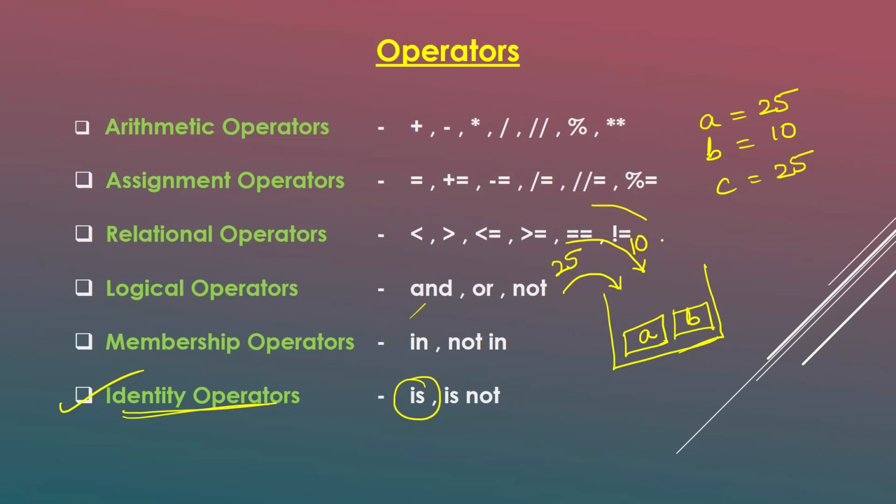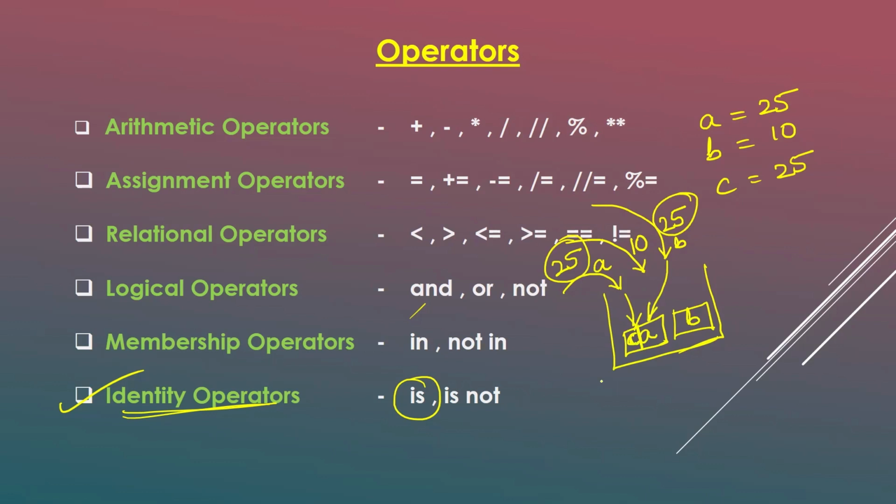If I store the same value, 25, again and assign an identity for that, it occupies the same place where A is, because the A variable and the C variable are holding the same values. It allocates the same memory location, the same address.